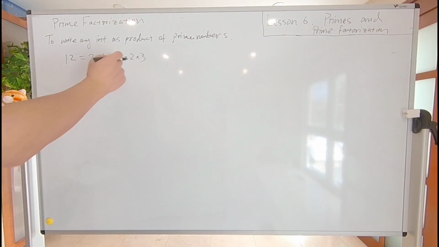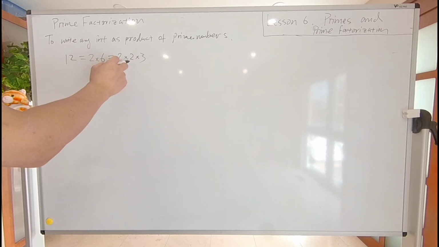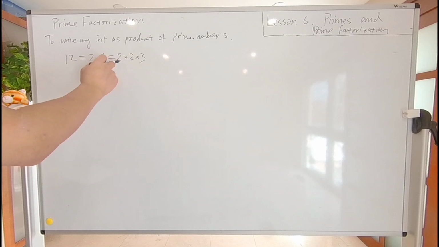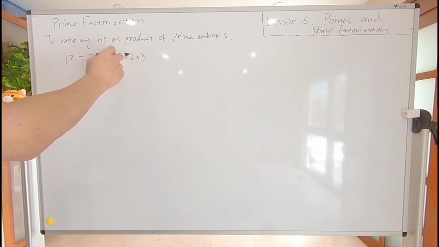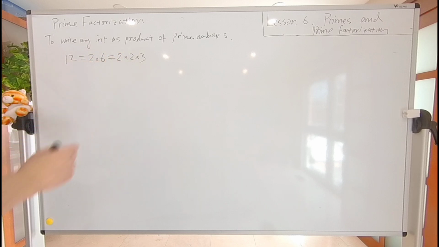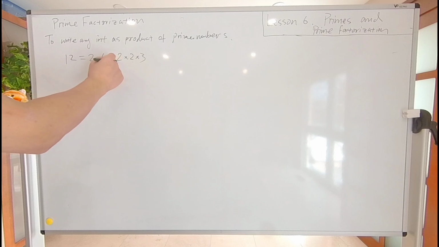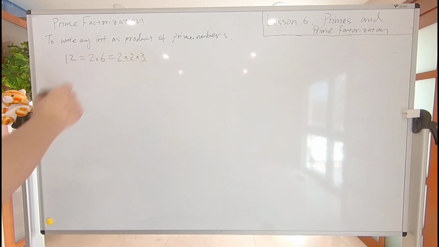Up to here, if I try to keep breaking apart, there are no other factors I can factor out. In fact, all the remaining numbers, 2 and 3, are prime numbers, and prime numbers do not have further factors other than 1 or itself. So I'm going to stop here, and this is the combination of all the factors that I can write for the number 12, right?